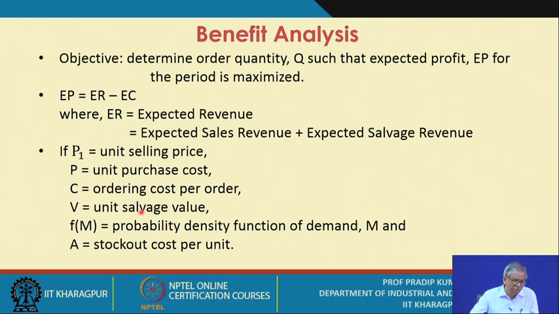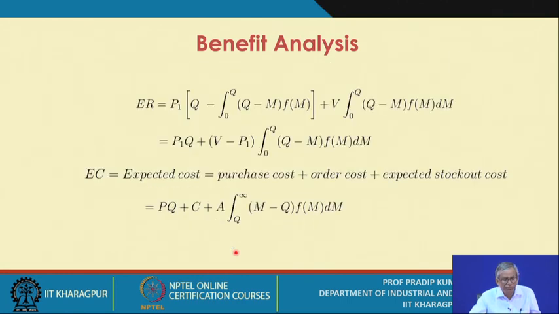So V is the unit salvage value, Fm is the probability density function of demand M, that means it is a continuous random variable. Capital A is the stock out cost per unit. Again the stock out cost is estimated, and it's an acceptable good estimate that we are assuming.